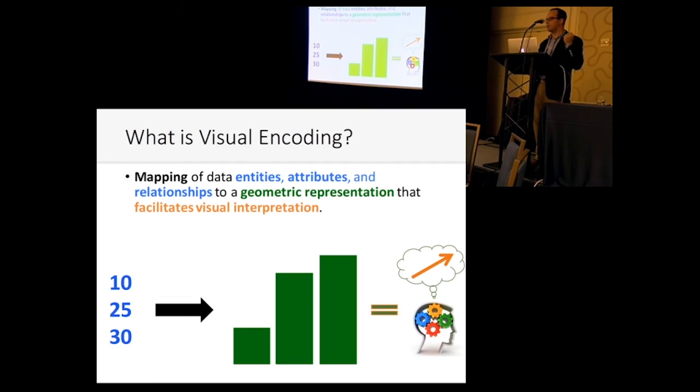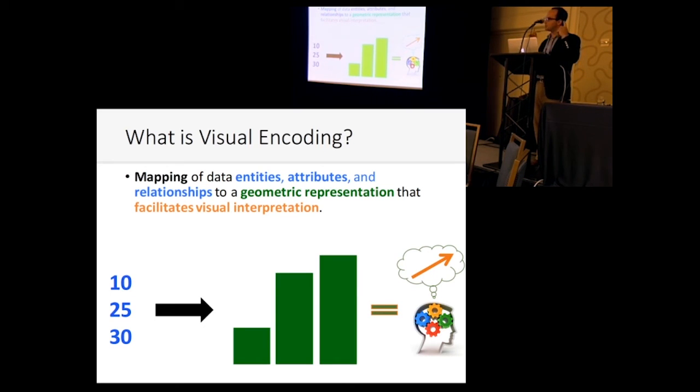Now the goal of visual encoding is to take your data, that's the prepared focused data after those other steps, represented by the blue here, and in some way map that to a graphical representation on the screen, that used to be bars, such that the graphical representation can be easily interpreted by the user who's looking at it.